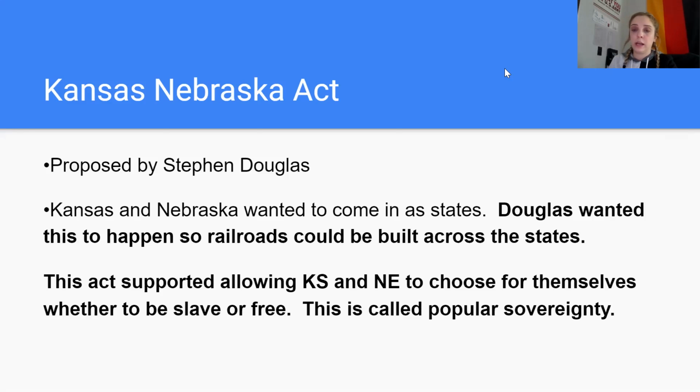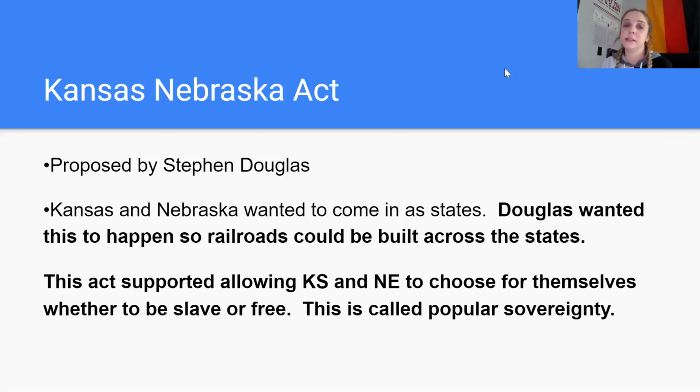So that, again, is going to cause conflict. Here's our last one for the day, which is the Kansas-Nebraska Act. Okay, this is an act proposed by a politician called Stephen Douglas. We'll learn more about him next week. Stephen Douglas ran for presidency up against Abraham Lincoln and then obviously loses.